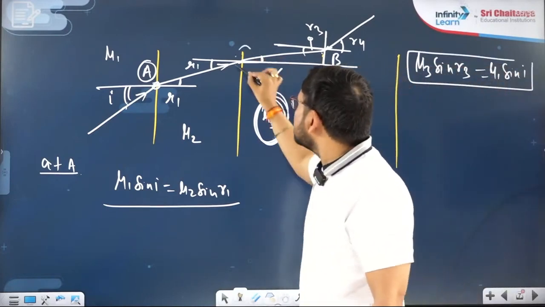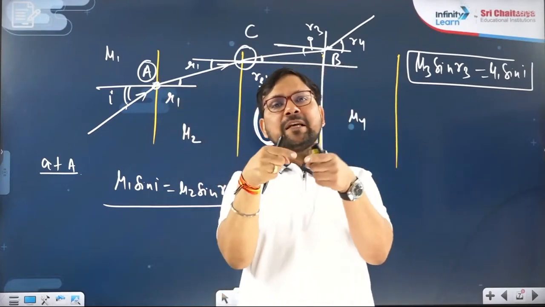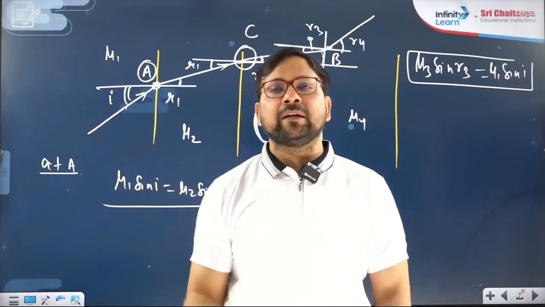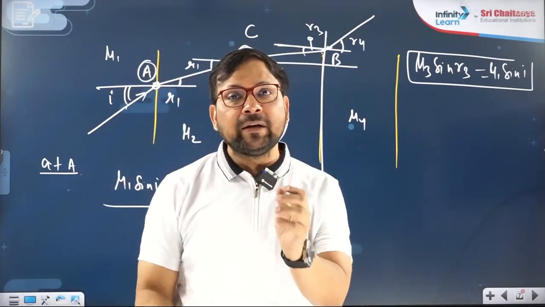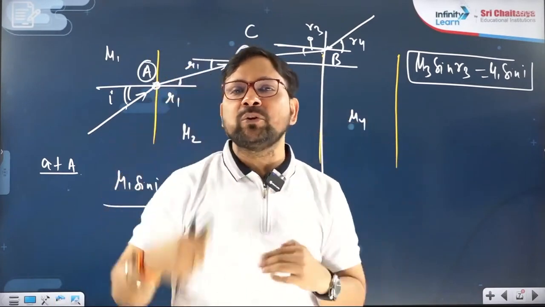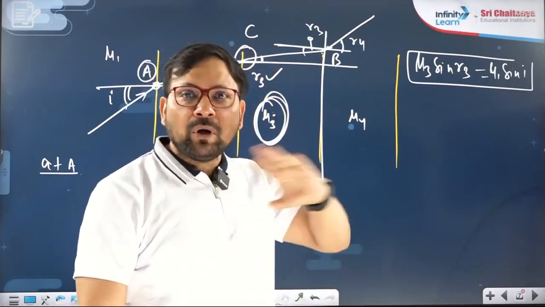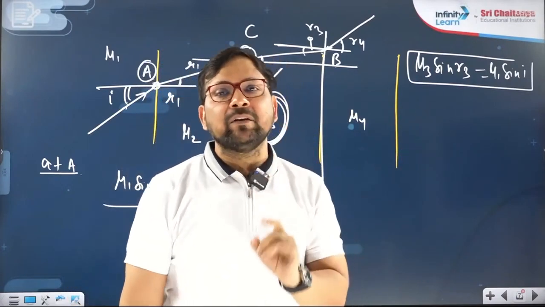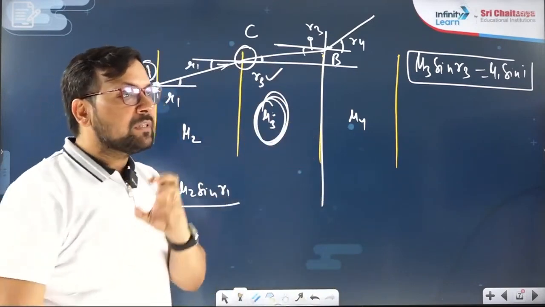Doesn't matter that these two points, point C and point A, are not at the same point. Still mu sin theta will be constant. So two points need not be at the same point. It is not just across one interface that mu1 sin i and mu2 sin r are equal. It is equal for all the media, all the refractions on one light ray. Whether they are touching or not touching, all are the same. That is the actual Snell's law.